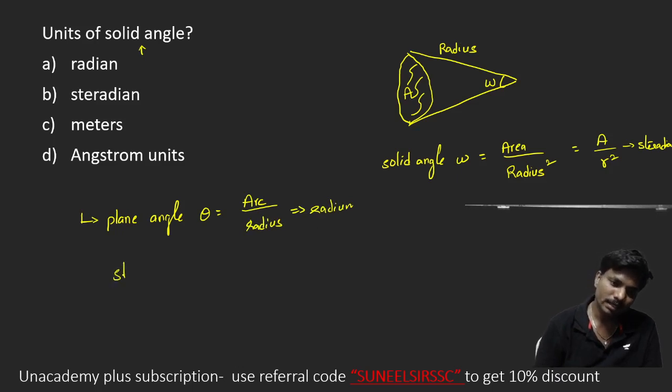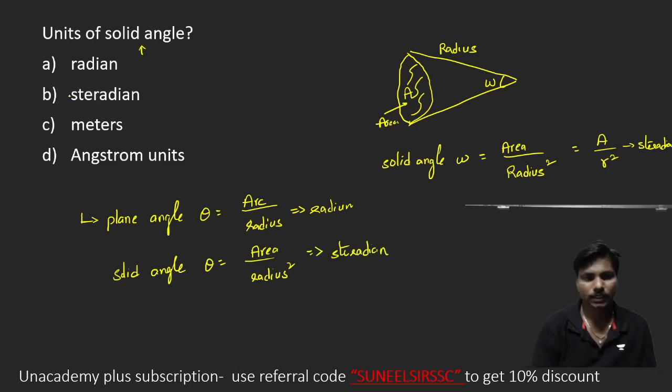In the same way, in the solid angle case, arc is replaced with area, so it is area by radius square, and the units are steradian. So the answer is option B.